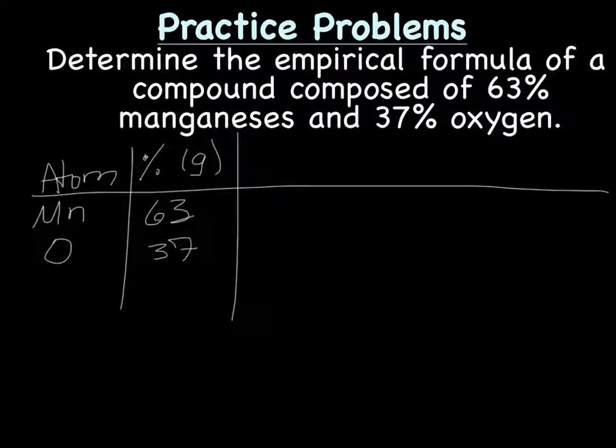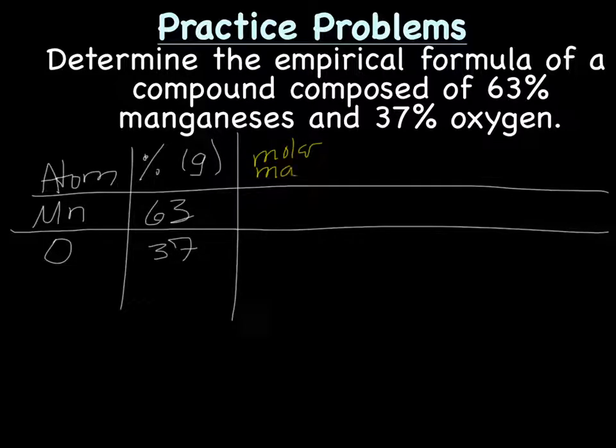Next step is to list the molar masses for manganese and oxygen. So manganese is 54.94 grams, and oxygen is 16.00.